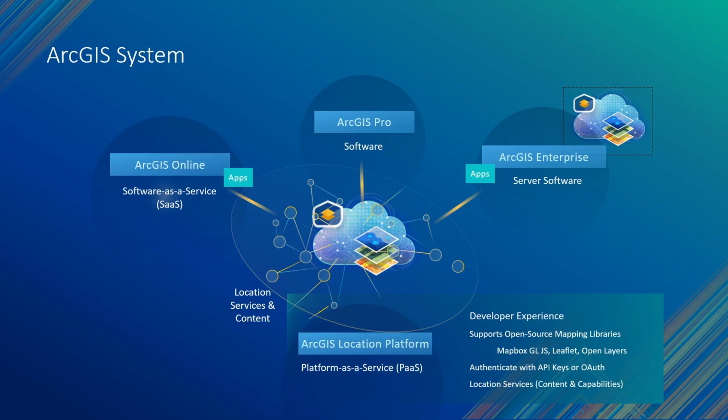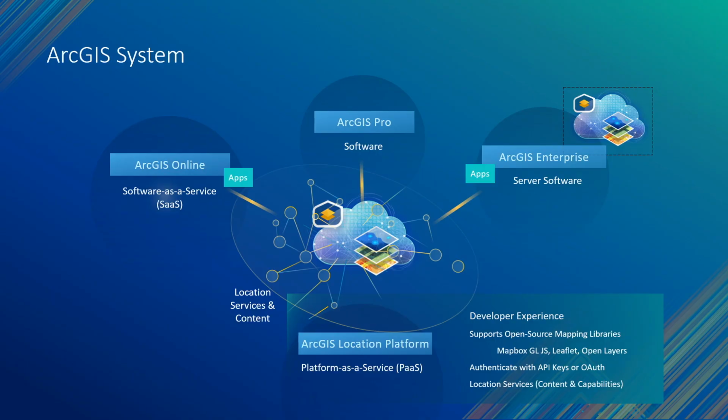And this allows developers who are looking to bring those same tools and services that power our internal use software to be exposed to their proprietary application, whether it be internal or external. ArcGIS Location Platform is the true developer experience in the ArcGIS system by giving them access to our client APIs for both web and native application development.